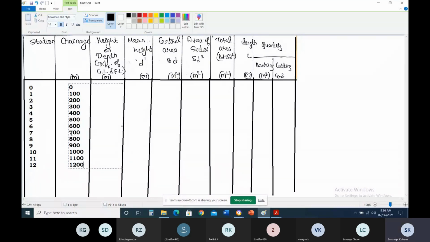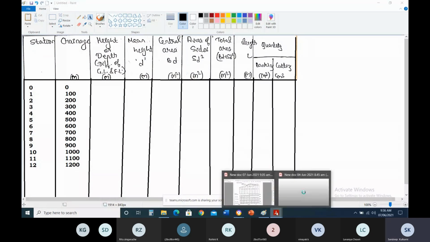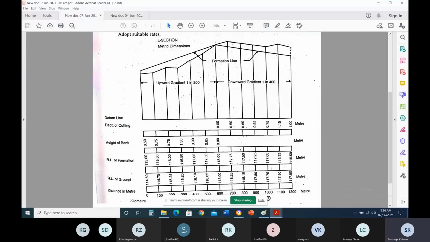Okay, so these are the chainage values obtained from the data. Next, height or depth, that is the difference between GL and FL, ground level and formation level. If you plot the diagram this way, you can calculate from the diagram. Otherwise, separately you have to make one more table for the depth of the ground.